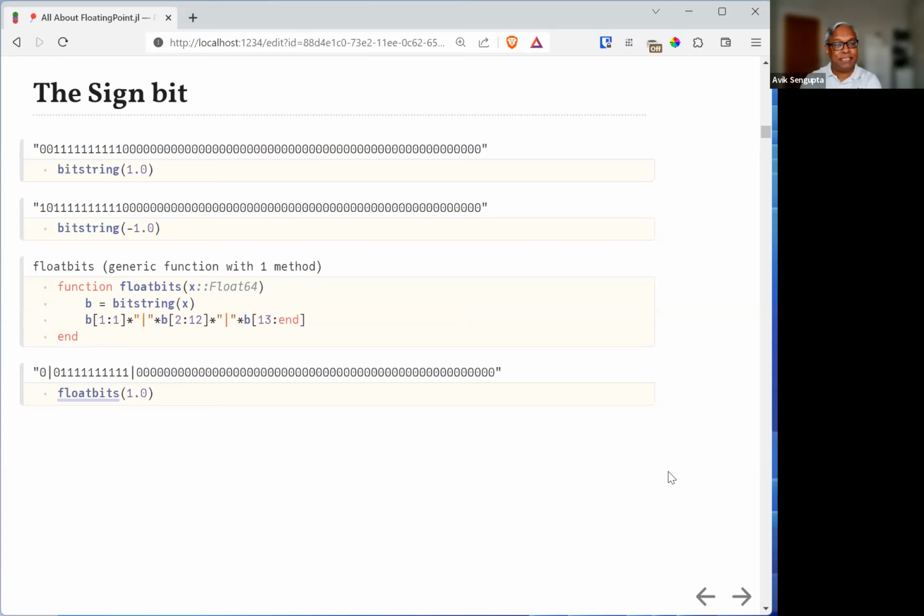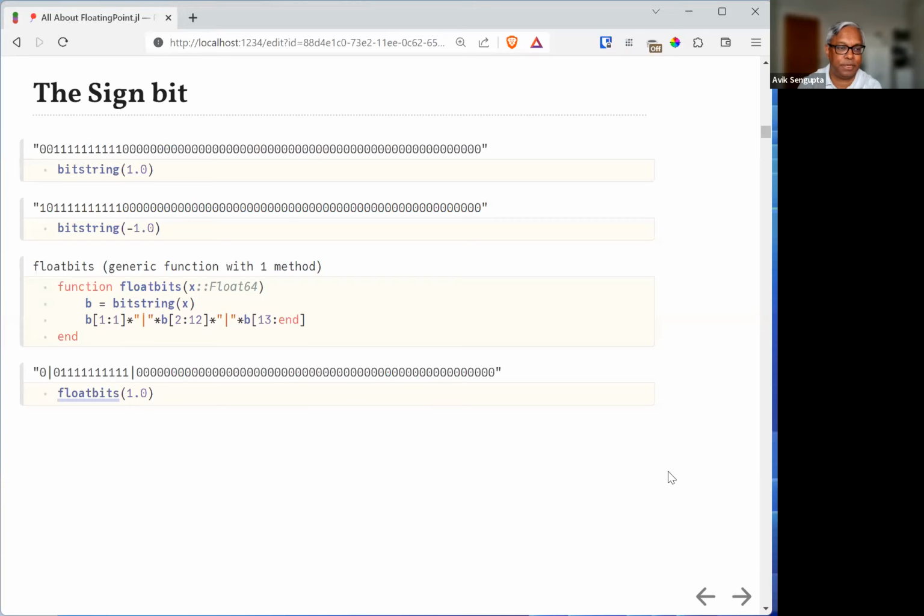Now, to represent this, we have a function called float bits that I've written for this session, and we will use that going forward. What float bits does is just separate out the sign bit, the exponent, and the significant, right? So you can see in this case for 1.0, the sign bit is 0, and then there's a bar that separates it out.